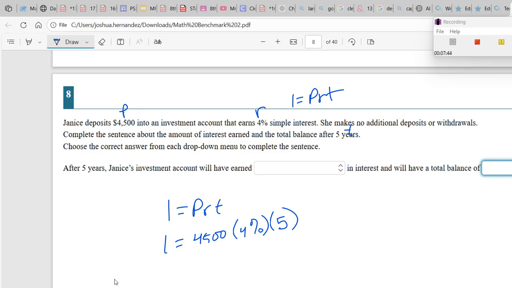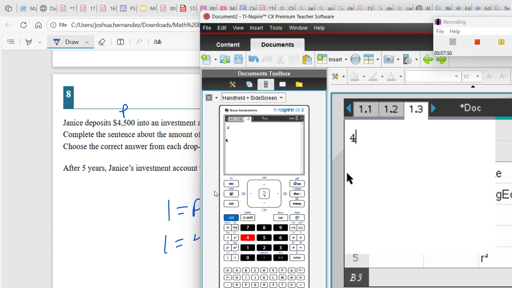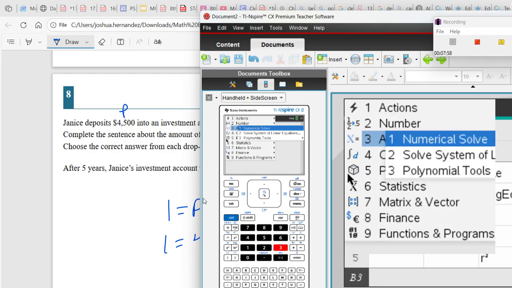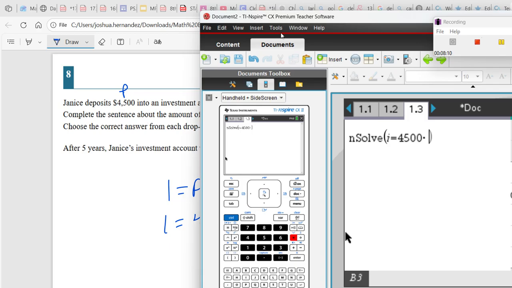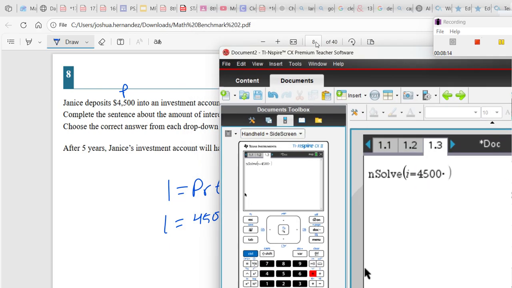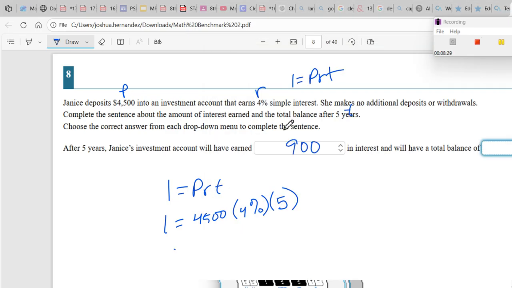Okay, so I equals 4,500 times 4% times 5, and I'm looking for the interest, so I equals 900. So 900 goes here, that's the interest.